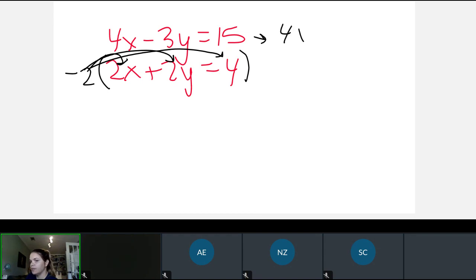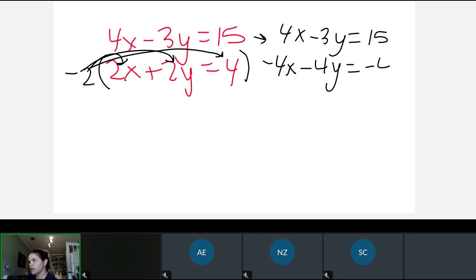So then the top equation would stay the same. Yep, good, Sky. The bottom equation would become -4x minus 4y equals -4. Now, I'm trying to find something that I can multiply this x value by so that it can cancel out the 4.